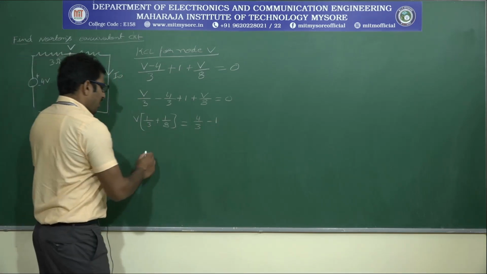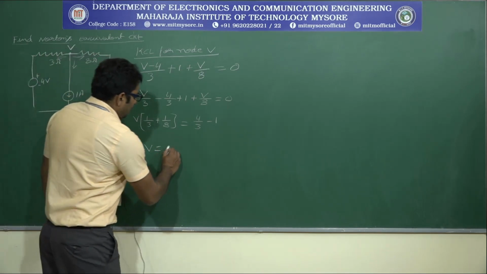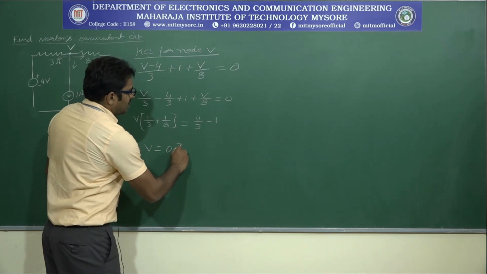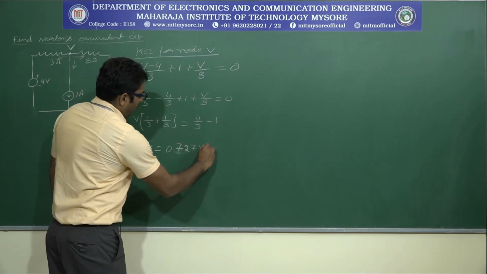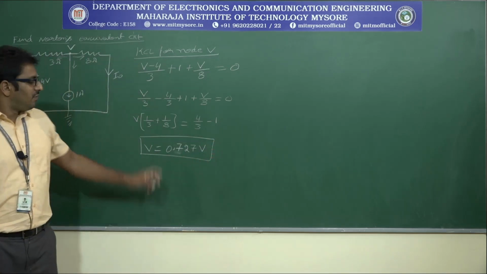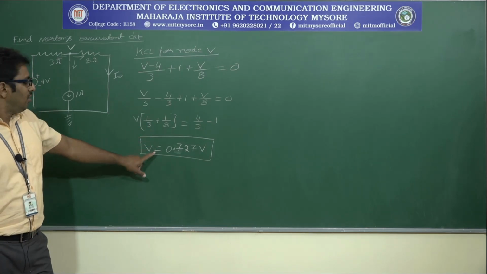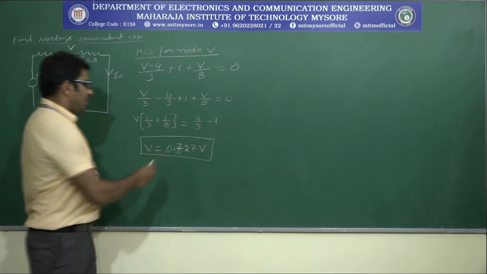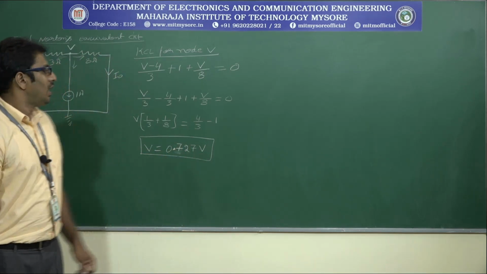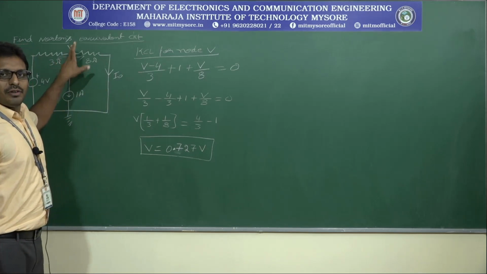Next, take the LCM and simplify and get the value for V. V is equal to 0.727 volts. After simplifying this equation by using your calculator, it's a very simple equation. You will get V is equal to 0.727 volts. Okay. Next, by knowing this node voltage, how to find out I naught?